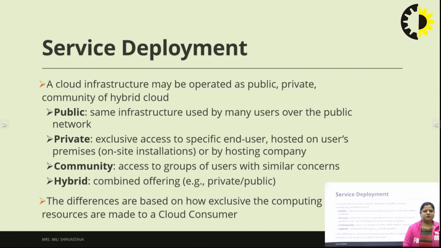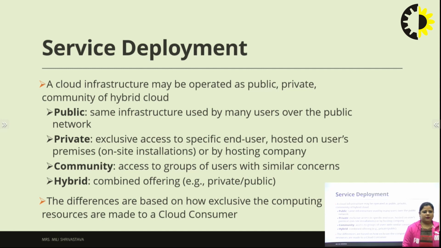Next, private: exclusive access for a specific end user, hosted on the user's premises, an on-site installation, or by a hosting company. This deployment model is used by developers, and it is highly secure and also expensive in comparison with public cloud computing.